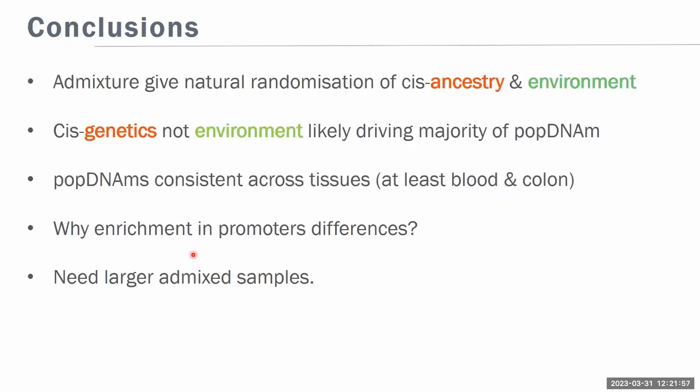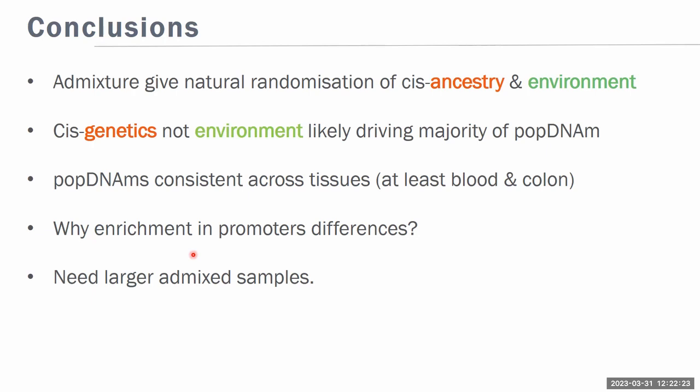So to conclude, admixture gives a very nice natural randomized experiment for DNA methylation, but more generally for any phenotype that you can localize in the genome, any phenotype that you can assign a specific position in the genome.